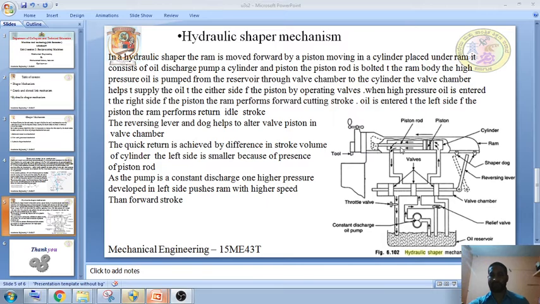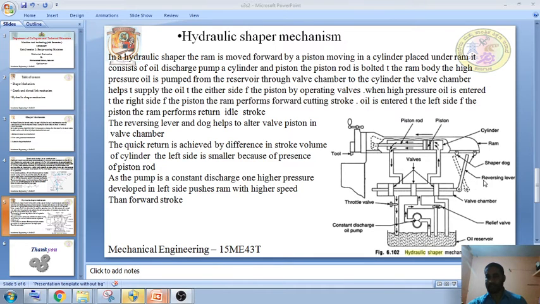After completing the forward stroke, the piston position will be here. So when the high pressure oil is pushed into the left side of the piston, it pushes the piston towards the right side. That performs the return stroke.